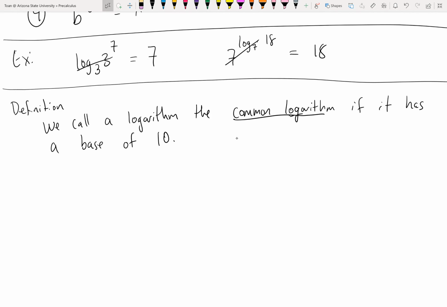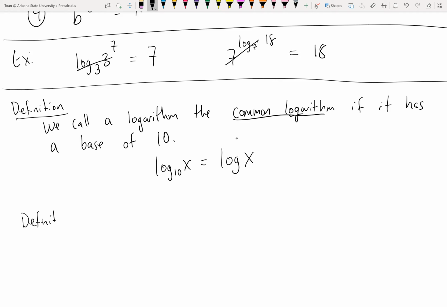If you do have a common log, we do not write the base subscript. In other words, log base 10, if your base is 10, we don't even bother writing the 10 there. Right? So if you ever see a log without a little base, you can safely assume it is always 10.